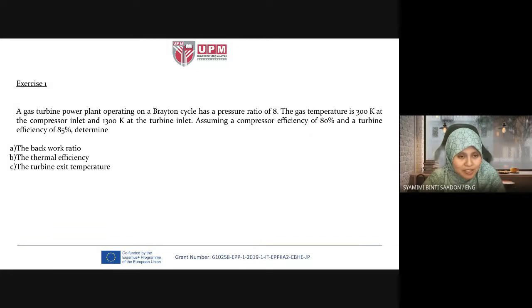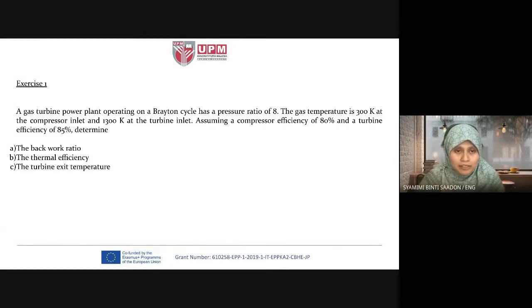So first, A. Of course we need the compressor work and the turbine work. From the definition, for compressor work we can use the energy balance at each component device.